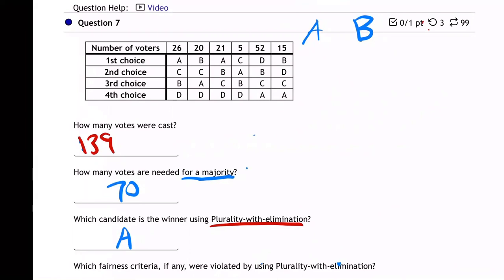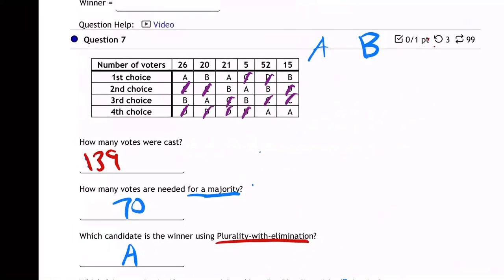Just those two, nobody else, which means get rid of C and D. Let's suppose C and D dropped out of the election for the moment. They didn't really. But if it came down to just A and B, who do the people like better? What's the will of the people?